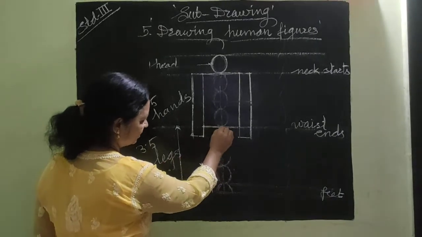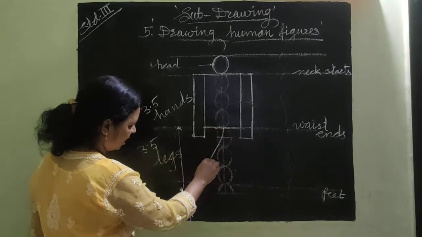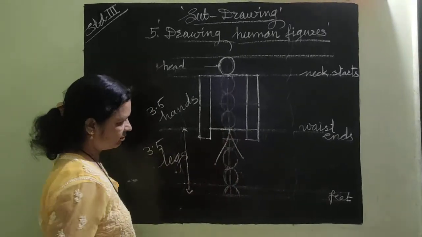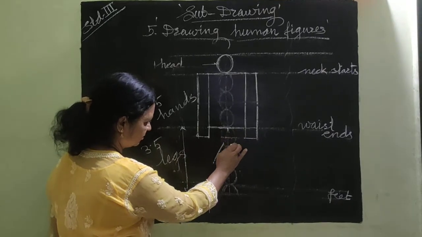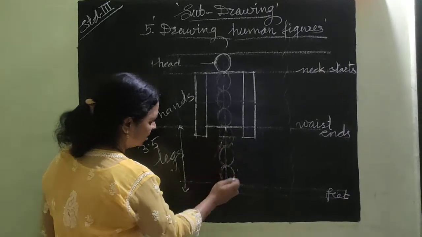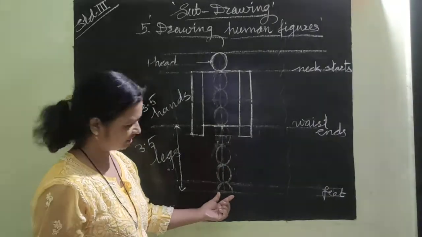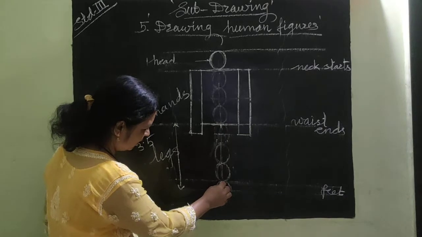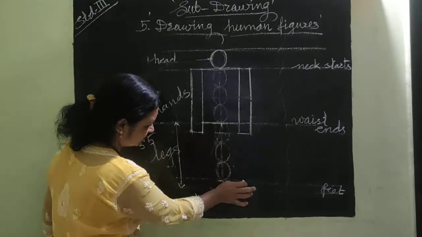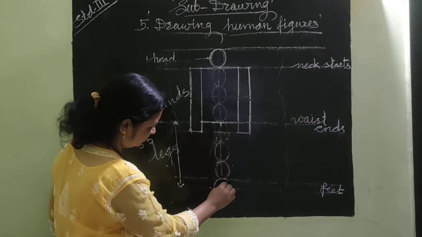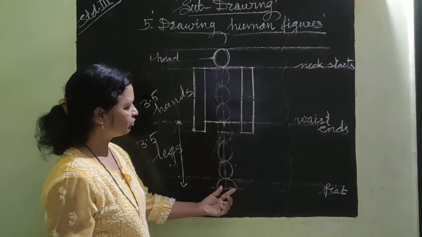Because here our waist ends and legs start from this portion, and the last half is used as feet. We draw here our feet like this. This half portion is a special use for that.